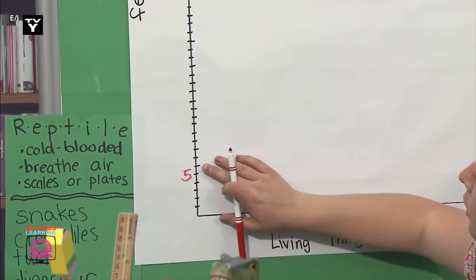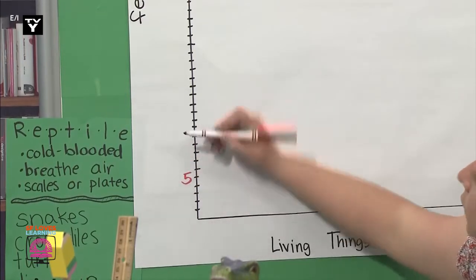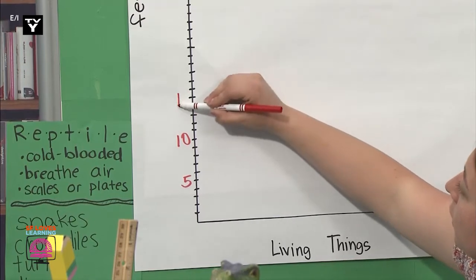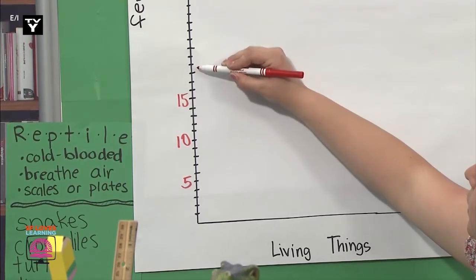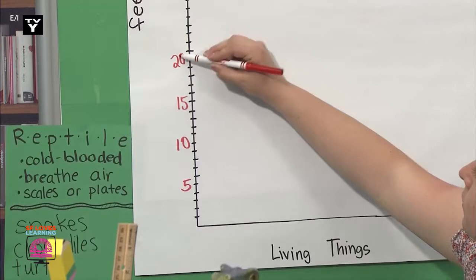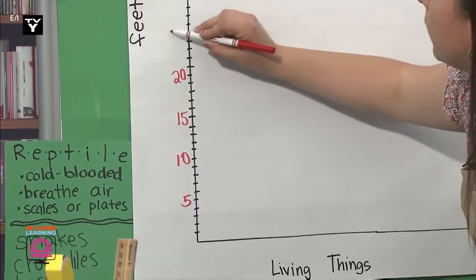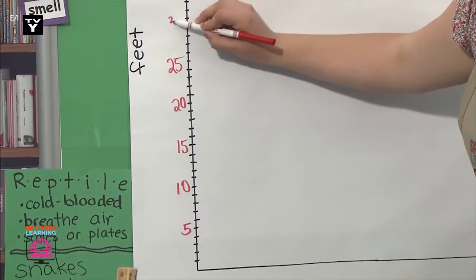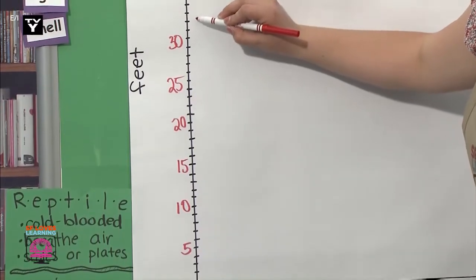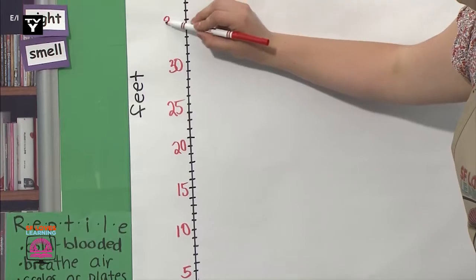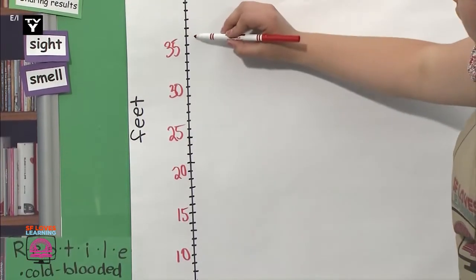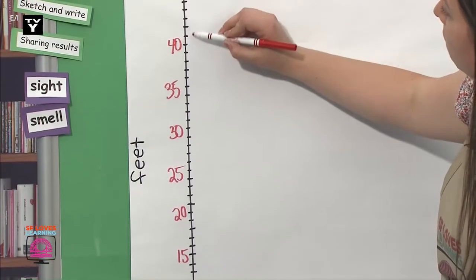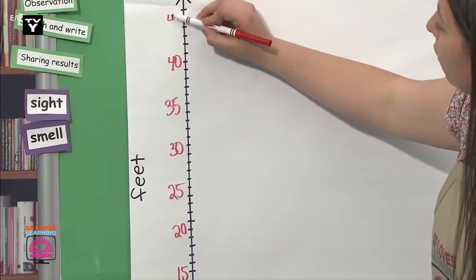And then 6, 7, 8, 9, 10, and put a 10. 11, 12, 13, 14, 15, 16, 17, 18, 19, 20, 21, 22, 23, 24, 25, 26, 27, 28, 29, 30, 31, 32, 33, 34, 35, and 36, 37, 38, 39, 40, 41, 42, 43, 44, 45.